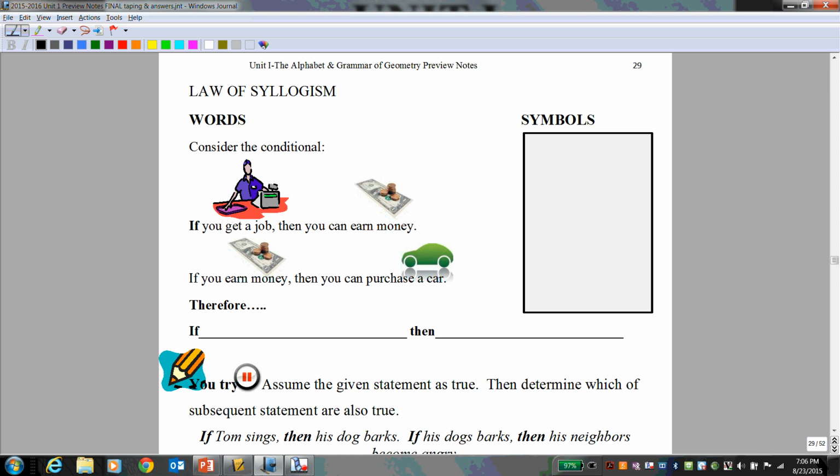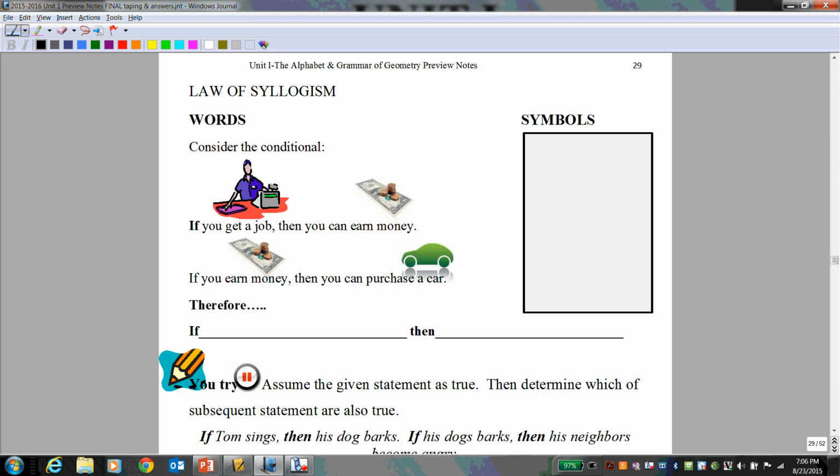The last one is law of syllogism. Guaranteed you've seen this before and you've heard this before. Truly, honest, truly, you've heard something like this before. So don't let the fancy word throw you off here. Law of syllogism is a connector logic. Consider the two conditionals. If you get a job, then you earn money.